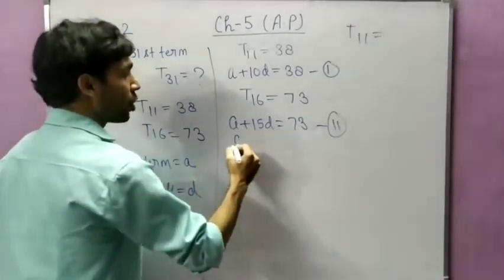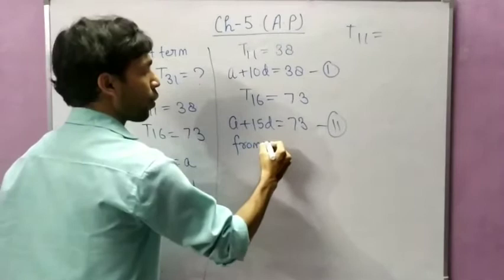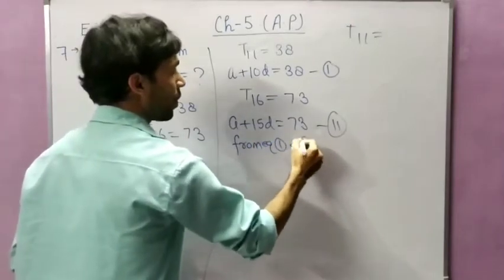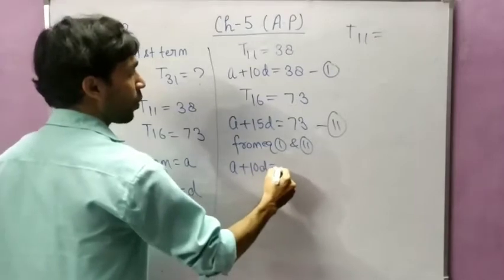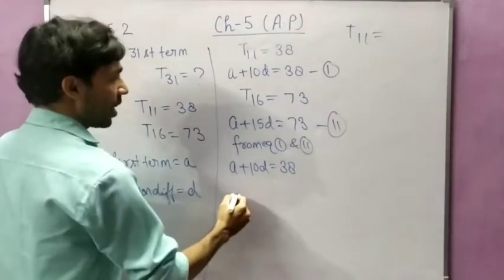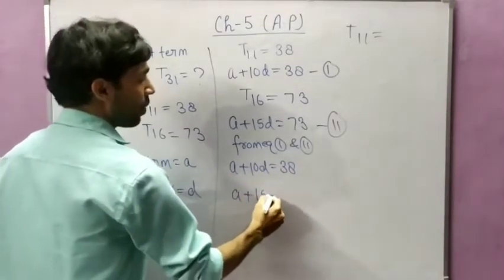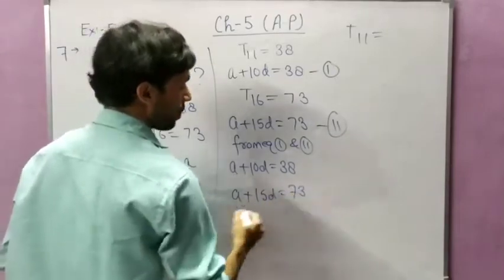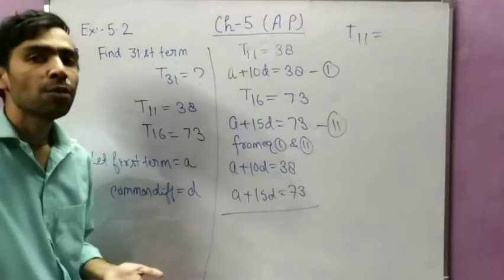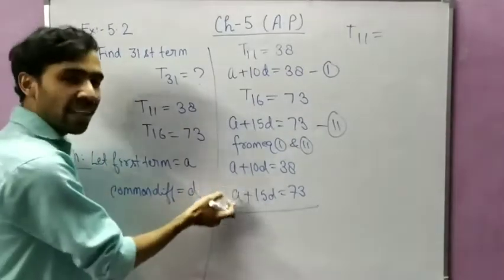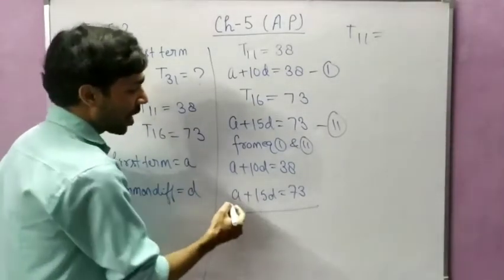So from equations 1 and 2, A plus 10D equals 38 and A plus 15D equals 73. You can use any method; I am using the elimination method. I can eliminate A, so I will subtract these two equations.